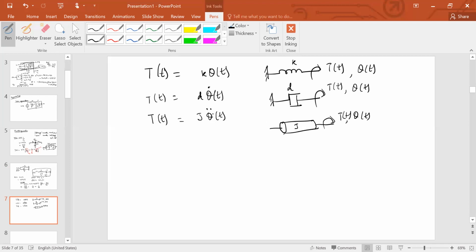So in much the same fashion as we wrote for the translational equivalent, here also for the rotational equivalent, we'll have both series and parallel analogs. So for the series analog, we'll just compare the differential equations and arrive at the series analogs. So for example, such as this, for instance.